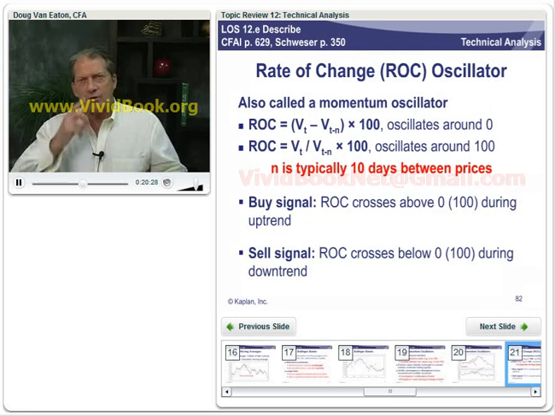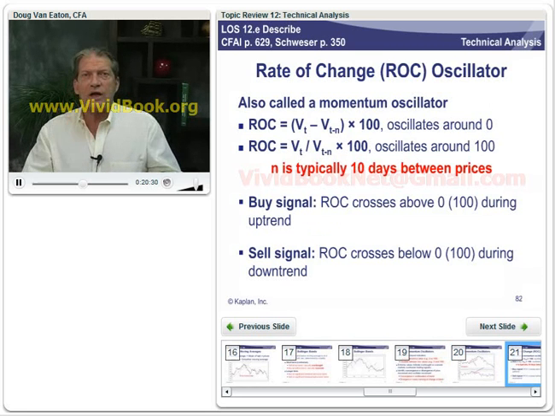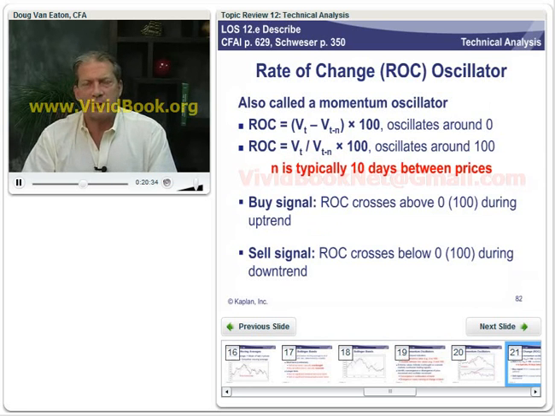Some other oscillators. Here's a rate of change oscillator. Now certainly for the exam, I wouldn't expect, and the LOS don't seem to indicate that you're responsible for any of these calculations. So please just take these as examples of oscillators that are used and see how the construction puts them either oscillating around 0 or around 100.